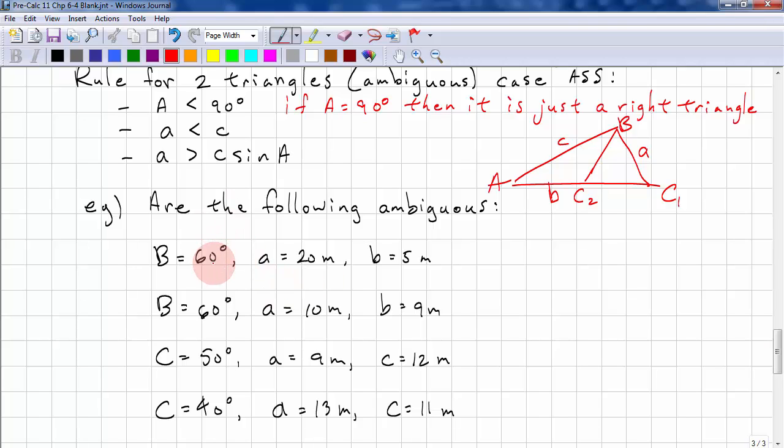Okay, this is less than 90. We're using this as our main one. So it has to be B is less than A, and that's true. We need to compare 5 to 20 sine 60. And 5 is actually smaller than this, so it's not a triangle.